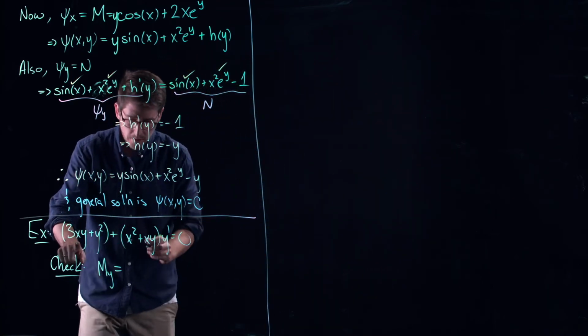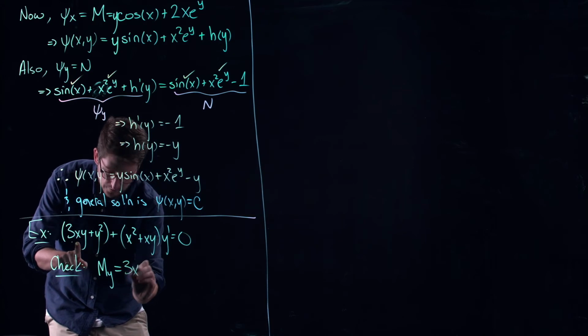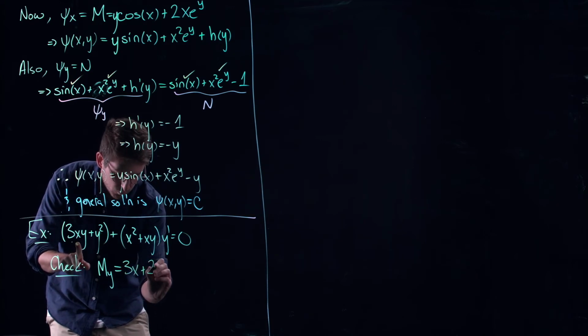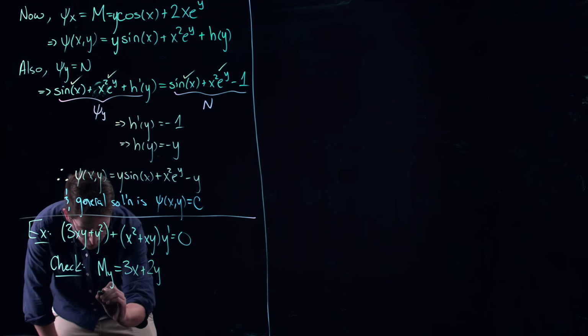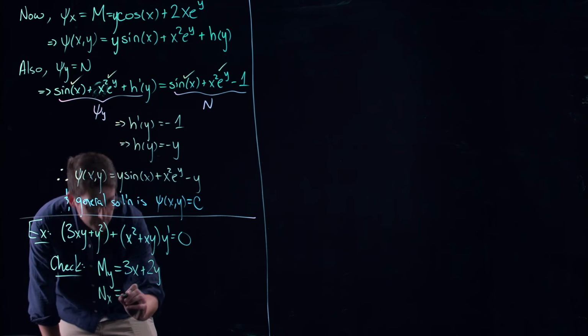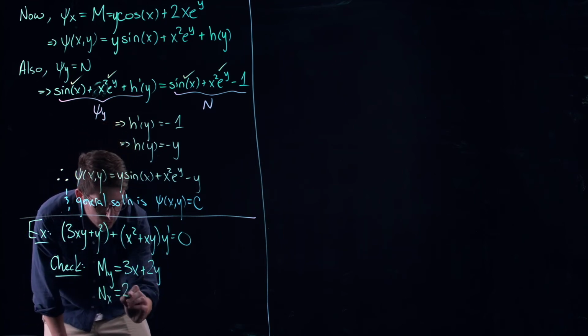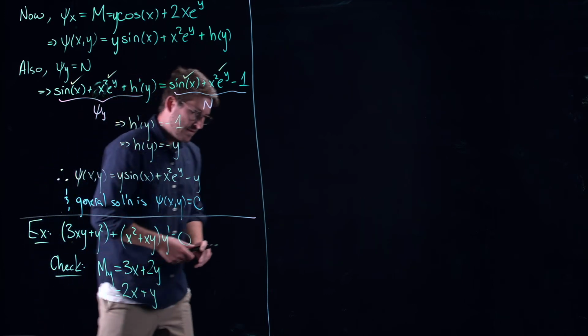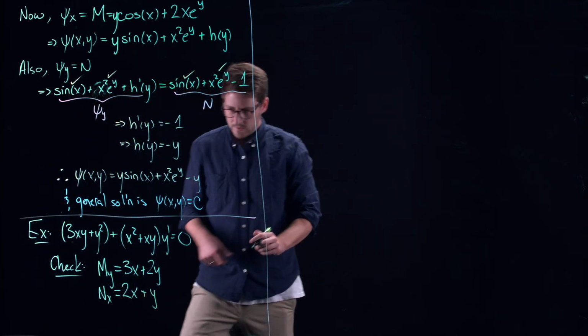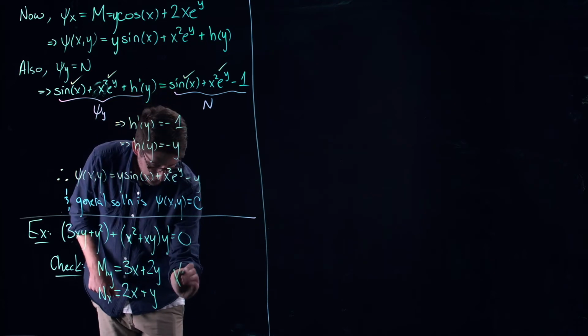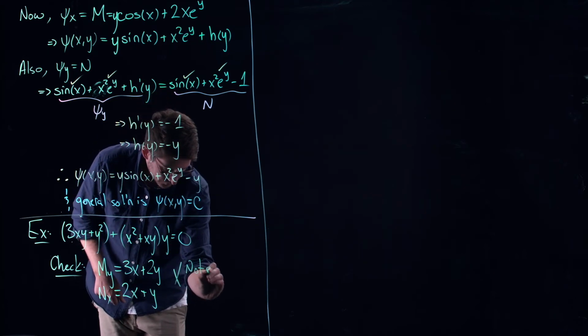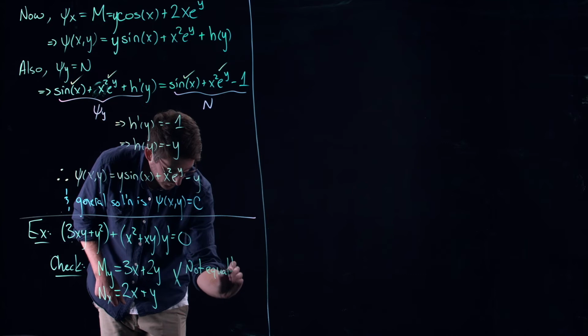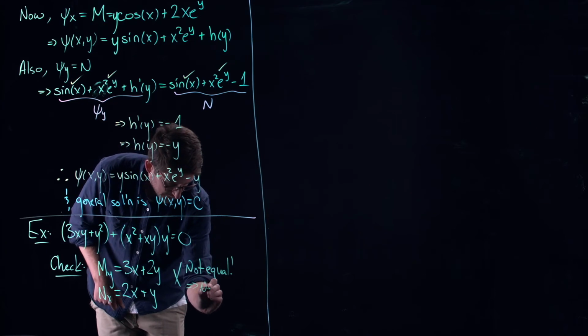M is this term right here, so I get 3x plus 2y. And I get N sub x is equal to 2x plus y. This is not equal, which implies not exact.